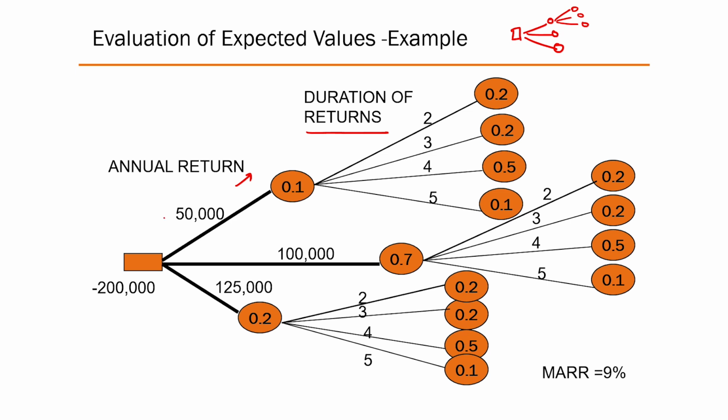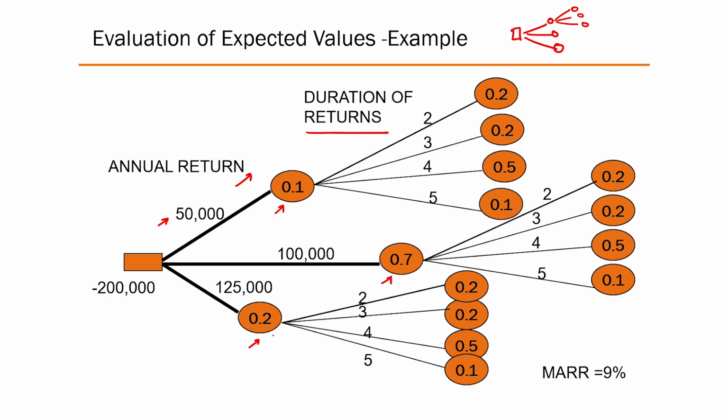Here I'm talking that there's an annual return. So the moment I define an annual return and the moment I define the number of return periods, you know the cash flow series is complete, right? That's what basically this information is consolidated here. So let's look at this example. You have a 10% chance that your annual return would be 50,000, 70% chance that your annual return would be 100,000, and then a 20% chance that your annual return would be 125,000 rupees.